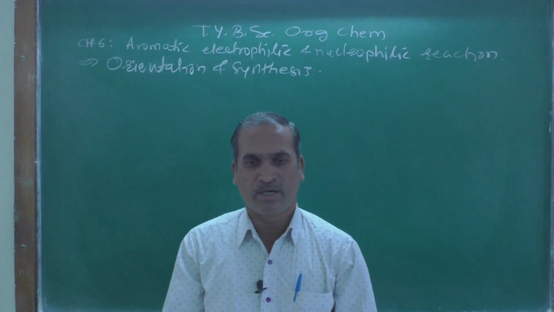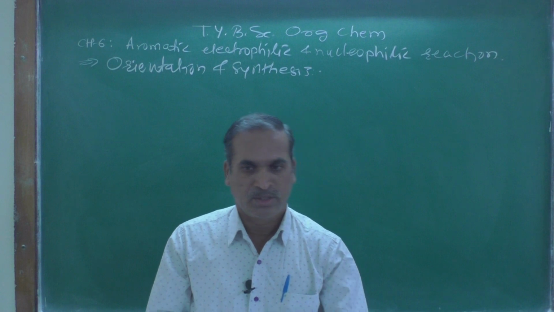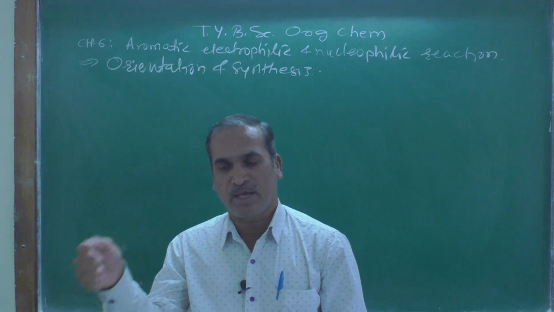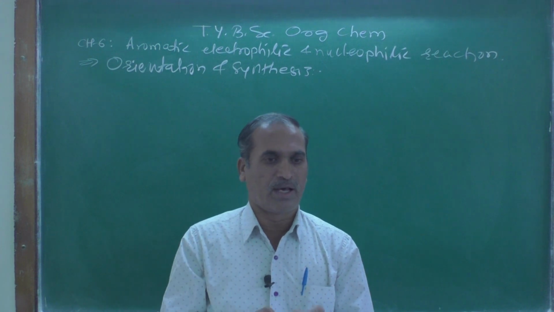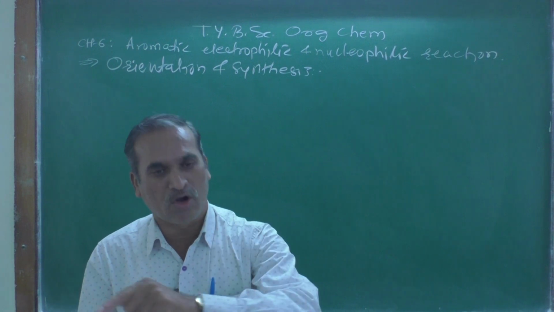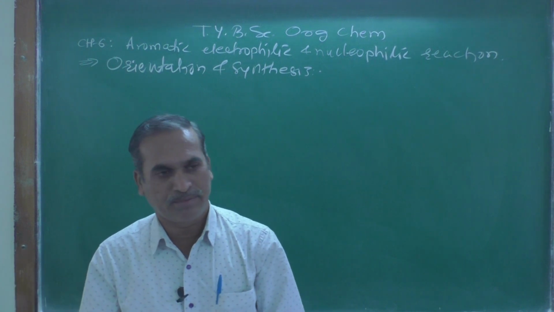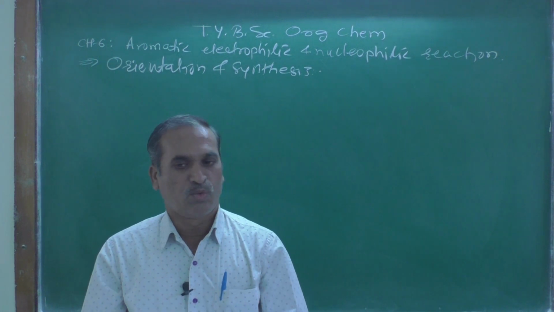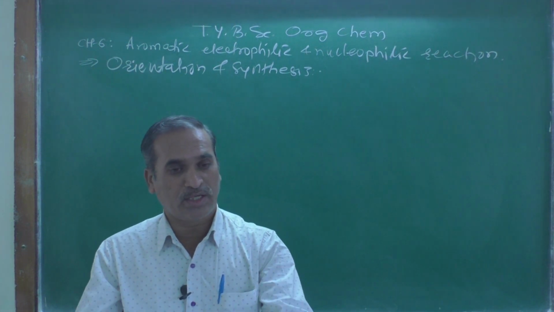I think we were discussing the effect of electron donating groups, or electron donating substituents, and what type of product we generally get. Similarly, for the effect of electron withdrawing groups, what type of product we generally get, as well as why halogens show unusual orientation.